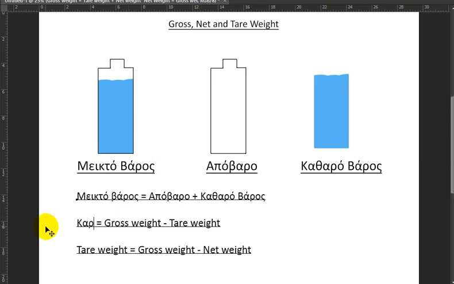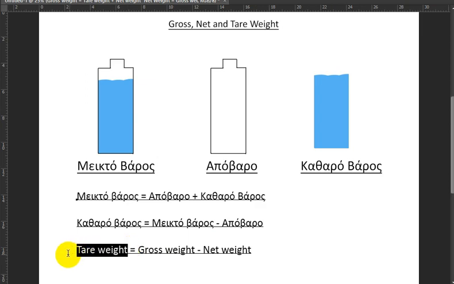Next, the net weight is katharo, and it is equal to the difference between the gross weight, to, and the tare weight, apobaro. Lastly, we have apobaro, tare weight, which is equal to the difference between the gross weight, to, and the net weight, which is katharo.